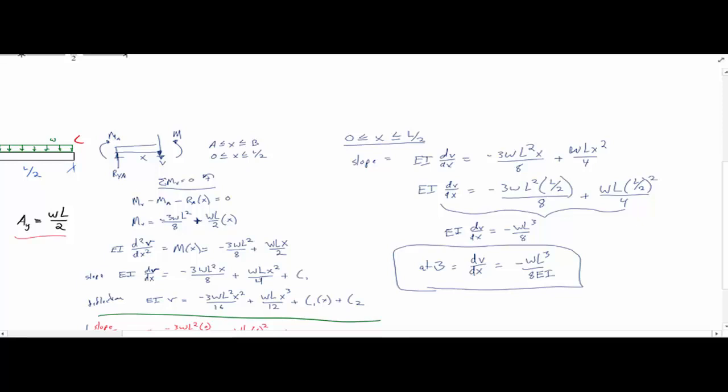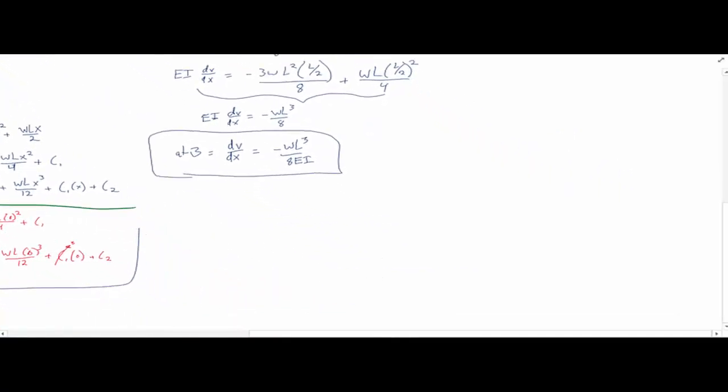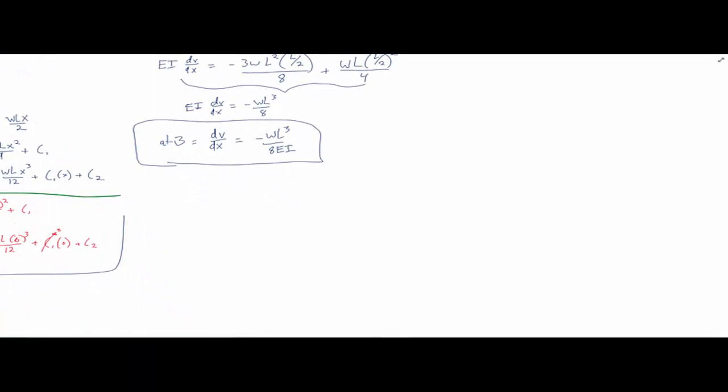So for part C, what we're going to do now is build our equations. So I'm going to draw another free body diagram, going from A to some arbitrary distance past L over 2, okay? So if this is where B is, this distance here is going to be L over 2, then this distance here is going to be x, then this distance here is going to be x minus L over 2.